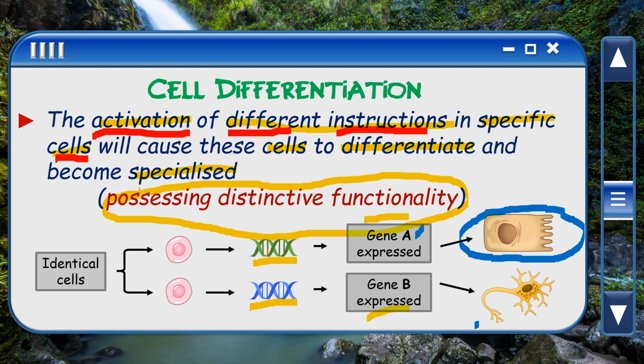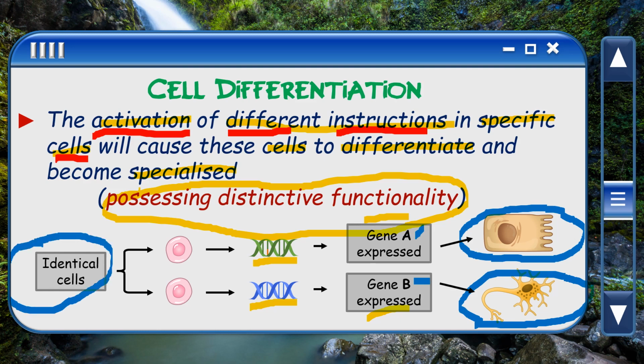And in here, we shall get another type of cell, because it was gene B which was expressed. But all these cells came from identical cells.